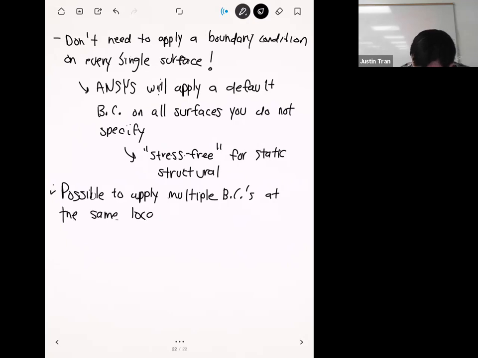Okay. And so it is possible, right? And so don't feel like, when you're doing your Ansys simulation, that you apply one boundary condition here and then that's it, okay? And so sometimes this makes sense because sometimes a particular surface will be subjected to multiple loads at the same time, right?